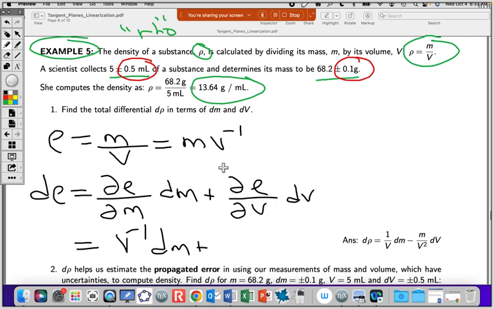Plus, now I need the partial derivative of rho with respect to v, treating m as a constant. See, m would go along for the ride. What's the derivative of v to the minus 1 power?